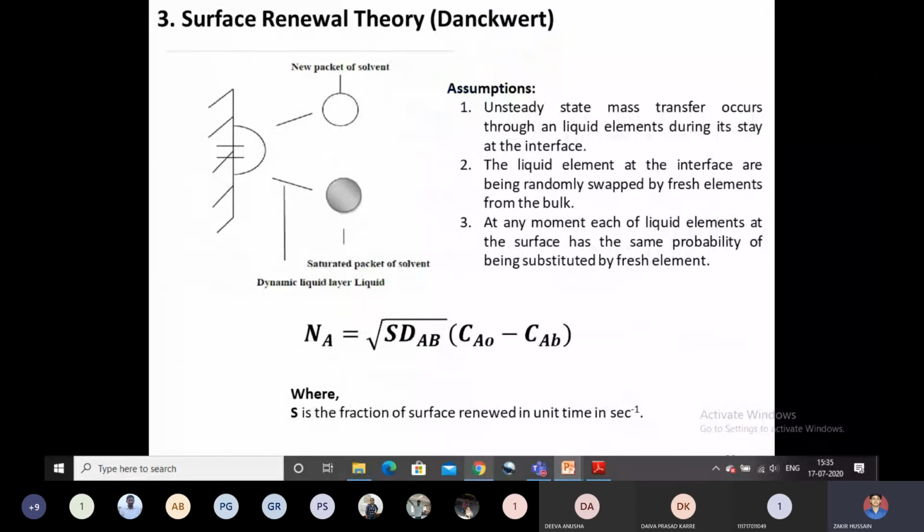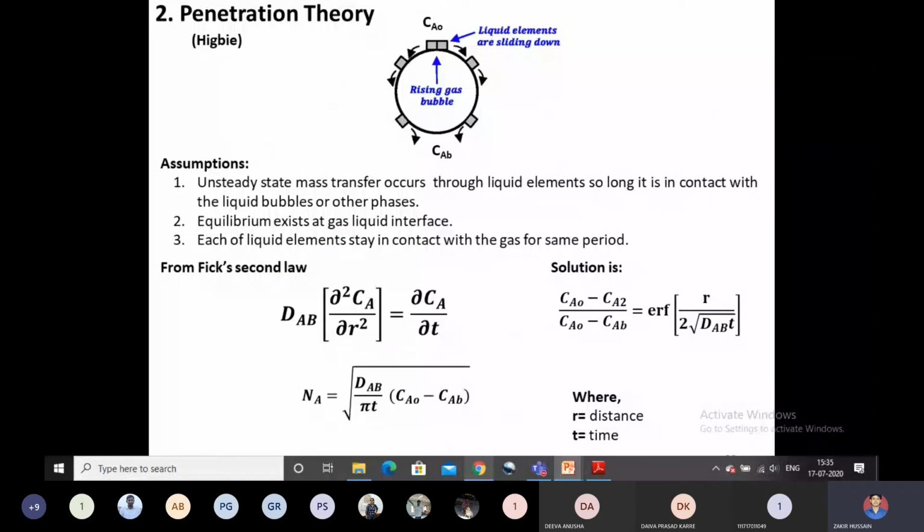For these theories we don't have to go into deep derivations. In case you want the solution for the second order differential equation at unsteady state, just refer to the error function first, how to calculate the error function equations, which you might have seen in mathematics. If you have any doubt when we are deriving this, just ask me.